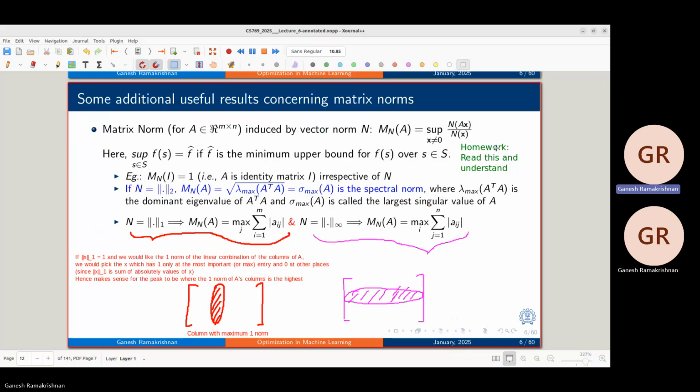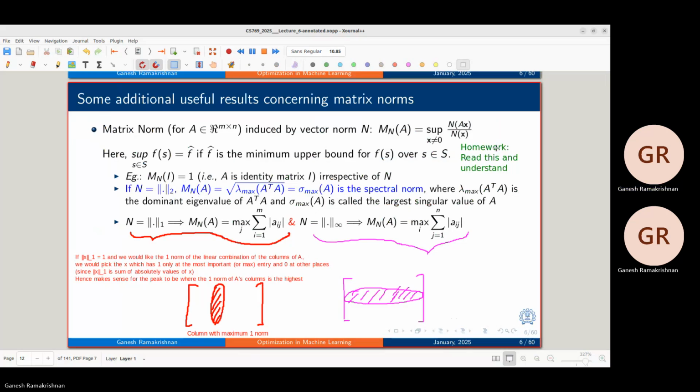To recap, if A is a square matrix, then sigma max of A would have been the square root of the lambda of A transpose A. But the lambda of A transpose A would have been lambda squared, and therefore the square root would have been the absolute value of lambda.